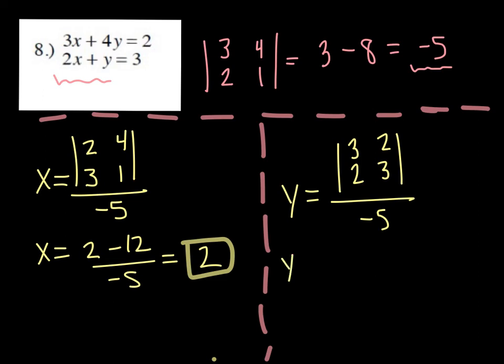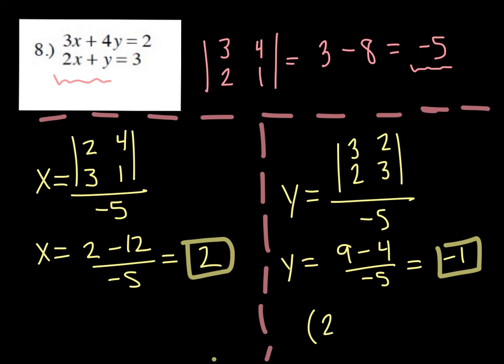So y will equal 3 times 3, which is 9, minus 2 times 2, which is 4, over negative 5. So 5 over negative 5 is negative 1. So y is negative 1. So your ordered pair or your solution for this system will be 2, negative 1.